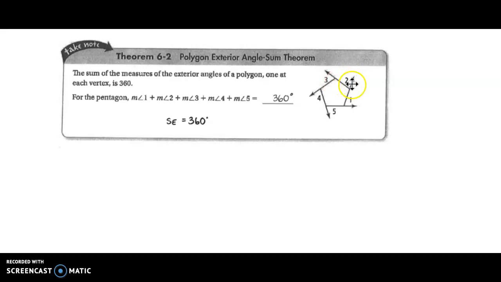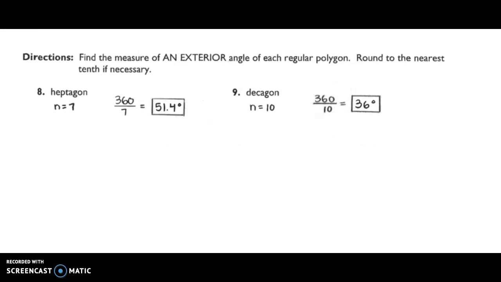And so I know that we have these arrows here, but if you can see this pentagon without the arrows, the arrows just indicate if you were to extend those sides. So angle 1 is on the outside, angle 2 is on the outside, 3, 4, and 5. If you add those angles, it's always going to be 360 no matter what, no matter how many sides there are.